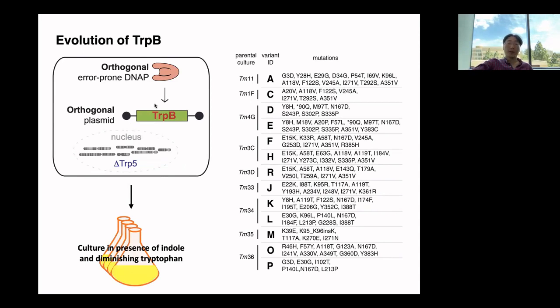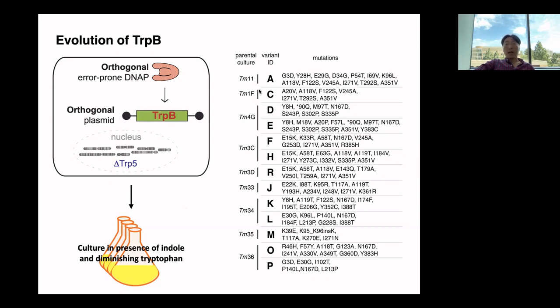We basically encoded TrpB, as you would imagine, on the orthogonal plasmid, and we deleted what I think, roughly speaking, is the yeast homologue of TrpB, and then we evolved these strains to make tryptophan by basically adding indole and then growing them over time in less and less tryptophan.